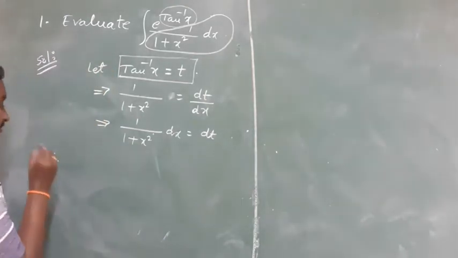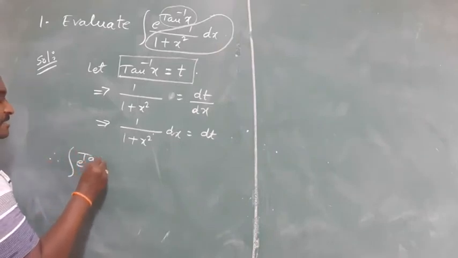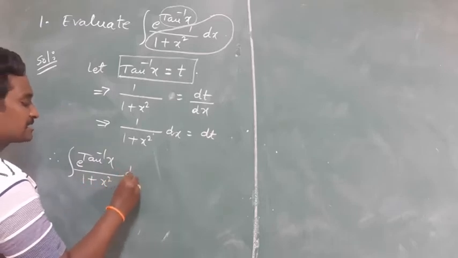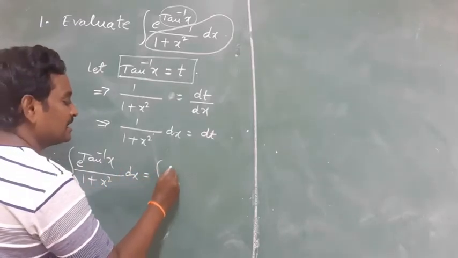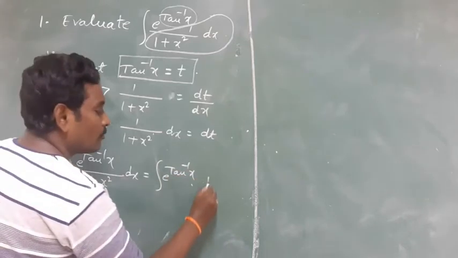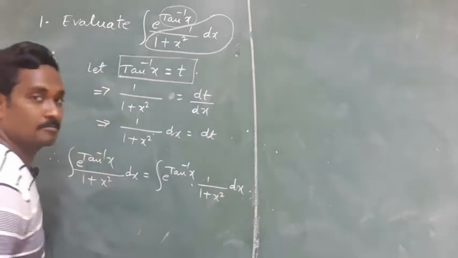Therefore consider the given problem once more. Integral e power tan inverse x by 1 plus x square dx can be written as integral e power tan inverse x into 1 by 1 plus x square into dx.